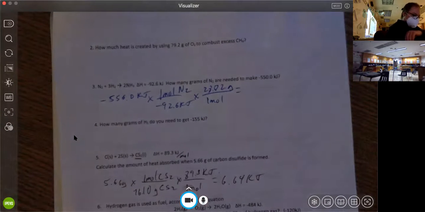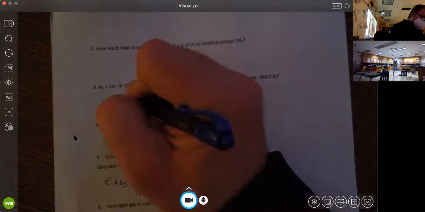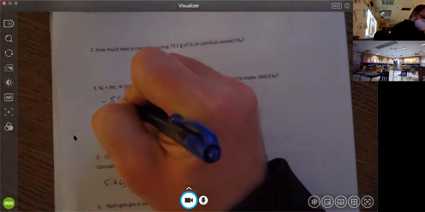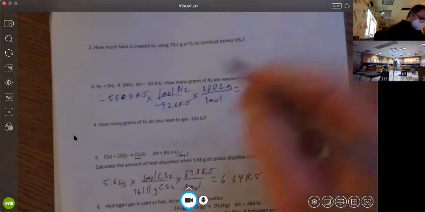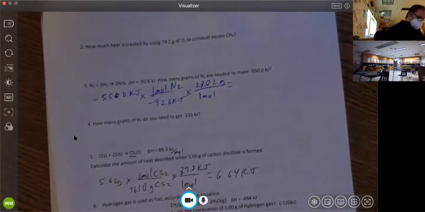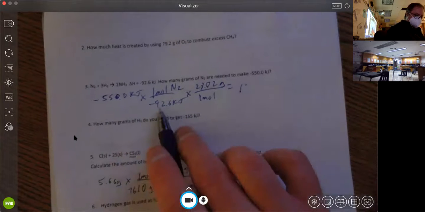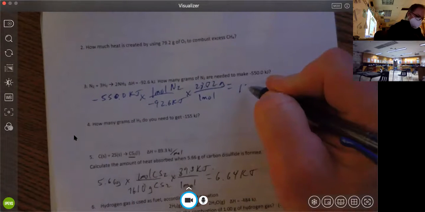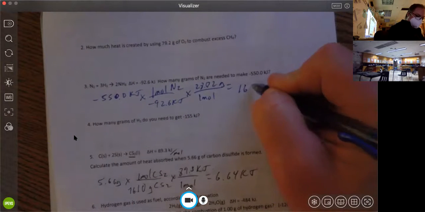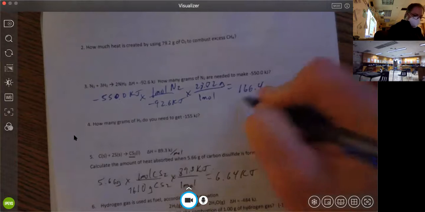Negative 550 divided by negative 92.6 times 28.02 is about 166.4254. So we need 166.4 grams of nitrogen.